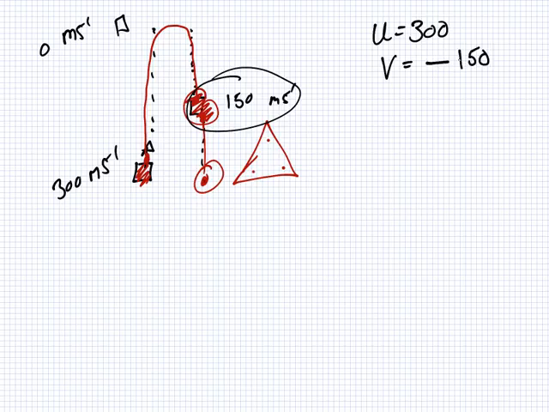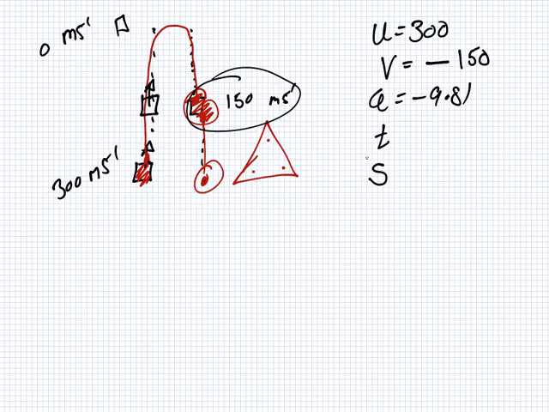Going down. So minus 150. If you said 150, you would be getting the time from here to here only when it's going up. A is minus 9.81. T is what we want. S, we do not know. What will give us the T with most ease?